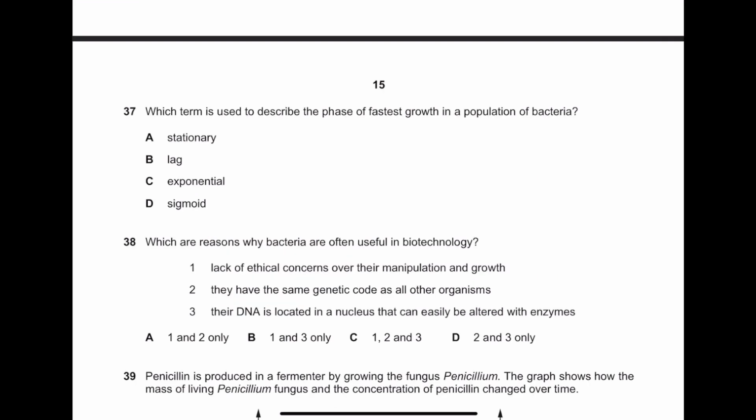Number 37. Which term is used to describe the phase of fastest growth in a population of bacteria? So when we talk about the population graph, it shows a sigmoid curve.